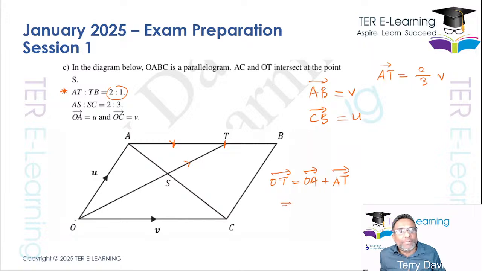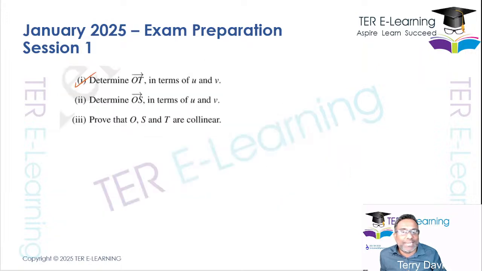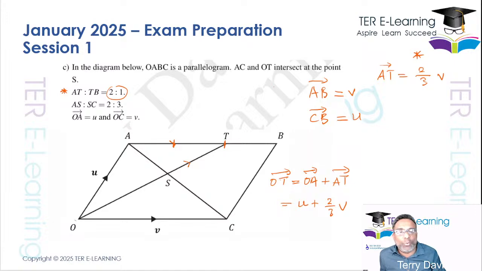Now OA is given by U, plus the vector AT, which we just worked out. So it's U plus 2/3 V. That's the answer for the first part, my vector OT. The second part, we want to work out the vector OS.